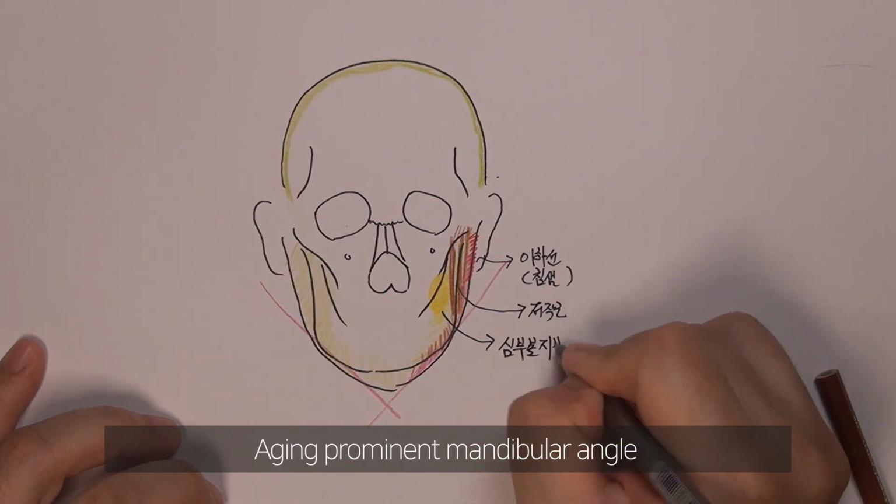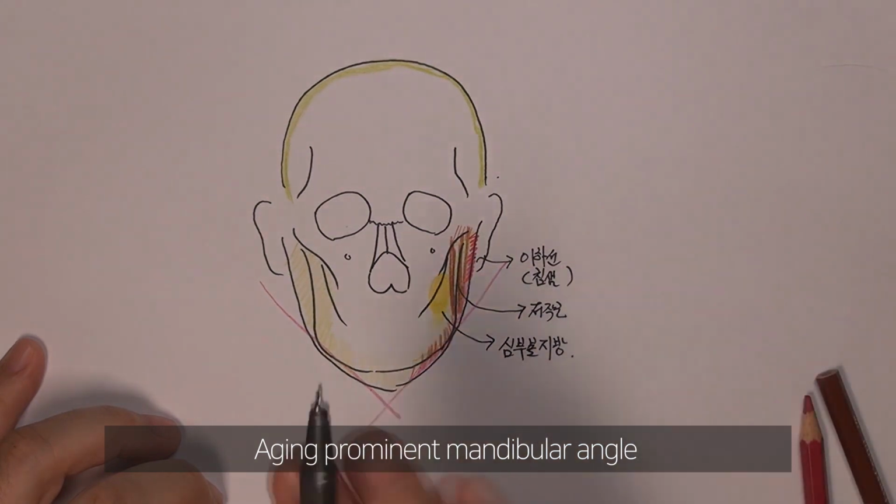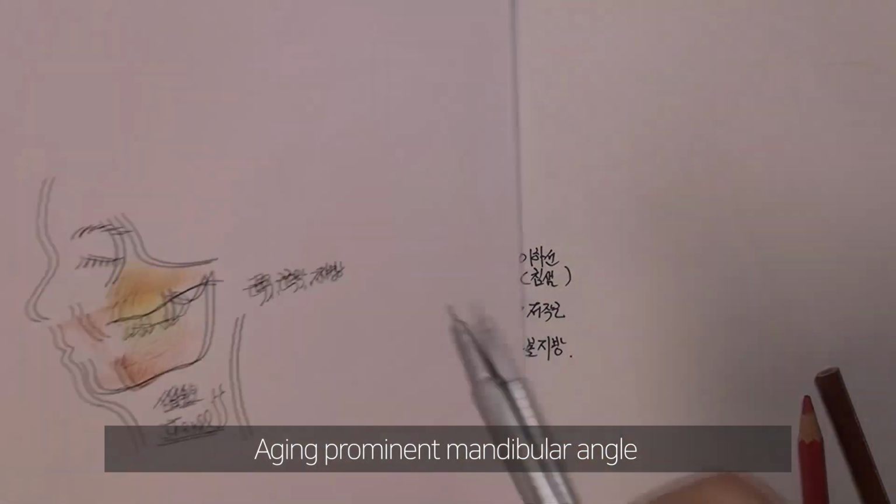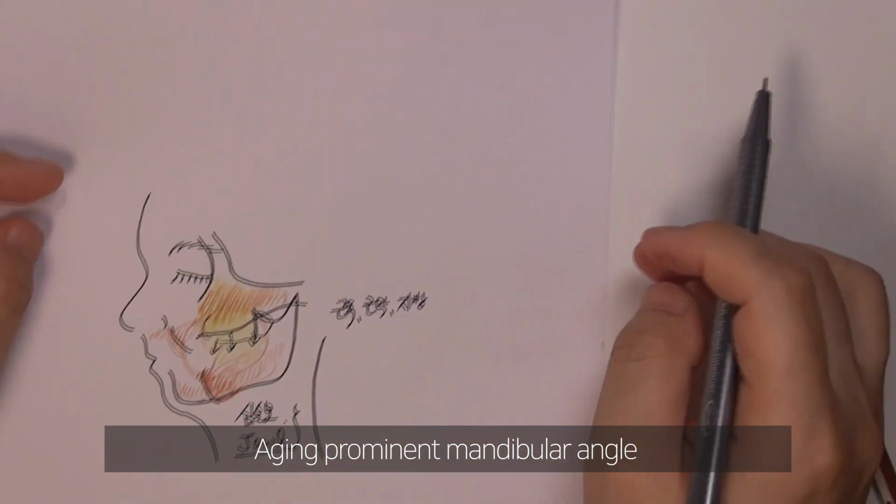Because it is tightly arranged, the mandible bone and soft tissue form a nice V-line.